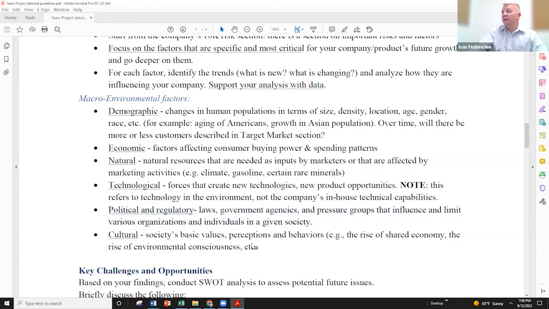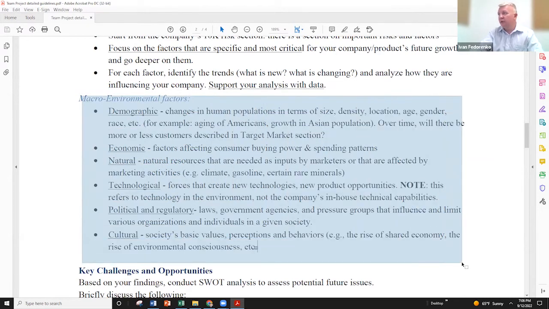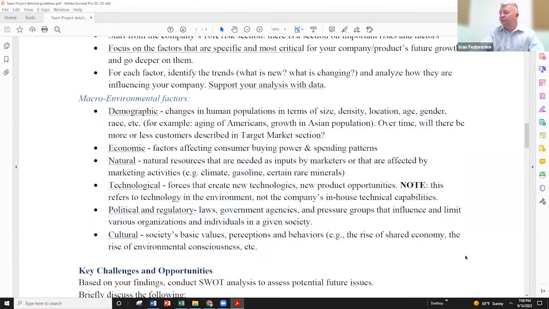Okay, so microenvironment including customers and competitors, and macro environment including all of these. Notice that not all of these factors should be included in your analysis. If there is nothing to say about political factors for this company, maybe they are not affected by any policy or regulatory changes, then leave it alone.